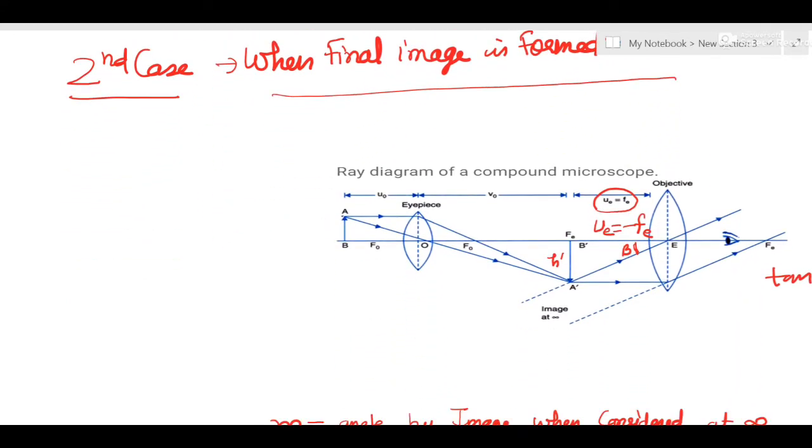Second case, when the final image is formed at infinity. Who is forming the final image? You all know. The final image is formed by the eyepiece. So the eyepiece is forming the objective image at infinity. What does it mean? That means it is getting the object at its focus Fe. Okay, so the diagram is simple. For image at infinity, you can see the rays, both the sides are parallel.